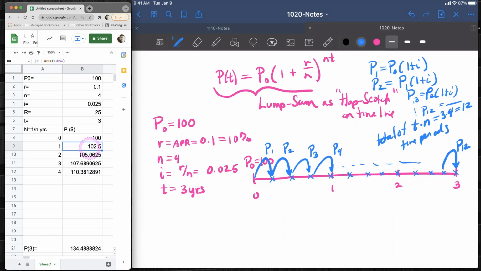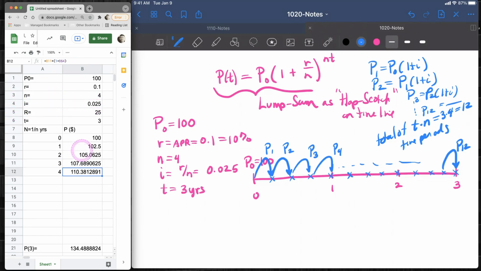So we have now our P1 value. We've made 1 jump from 100. Let's go to P2: the previous value, 102.5, times 1 plus the I value. If you're getting the hang of this, you can see in our formula that I've got my previous value multiplied by 1 plus B$4. The $ is an indication that we're always multiplying by this I value, which is in spot B4 in the spreadsheet.